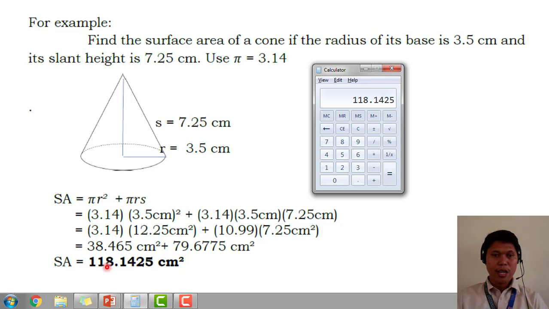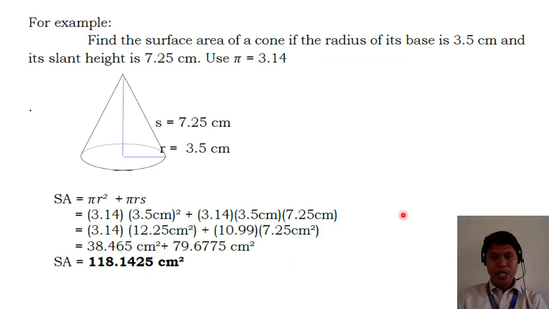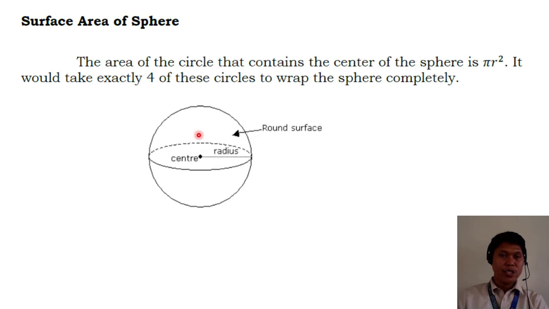The answer is 118.1425 centimeters. So he or she did not round off the answer. So it is expressed in 4 decimal places. But if you round it off, it will be approximately 118.14. Okay?